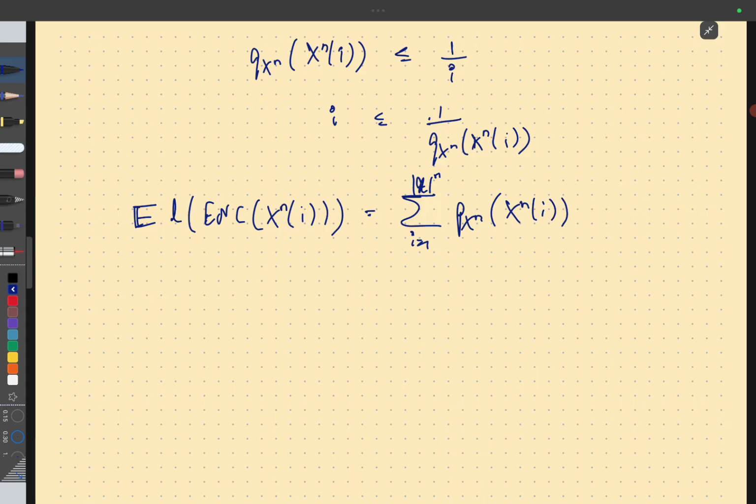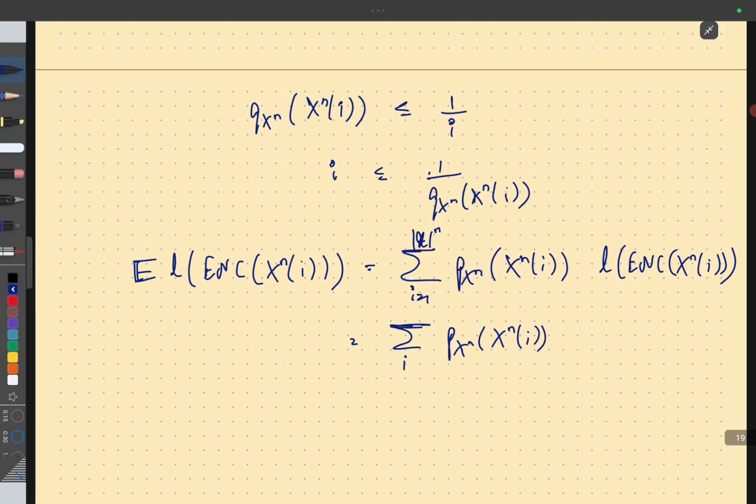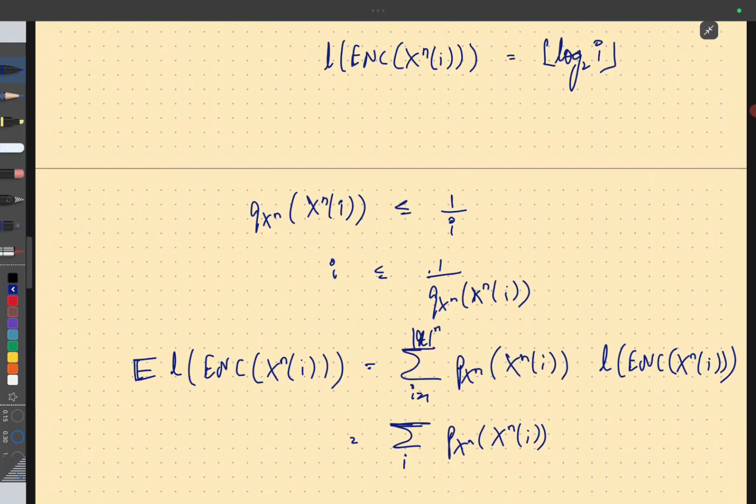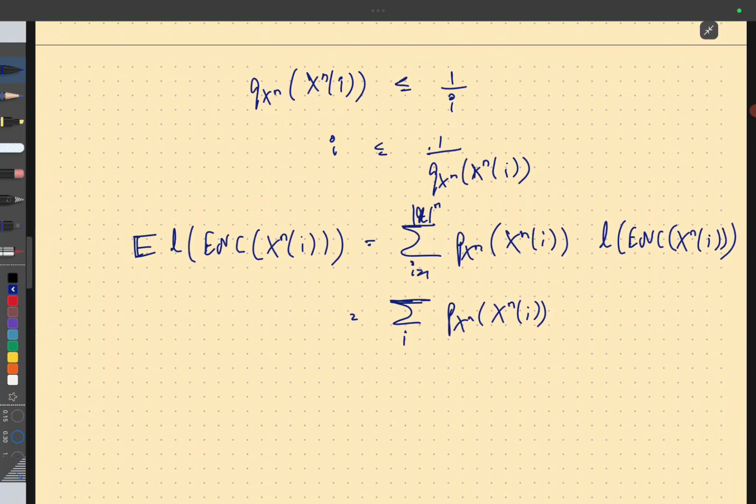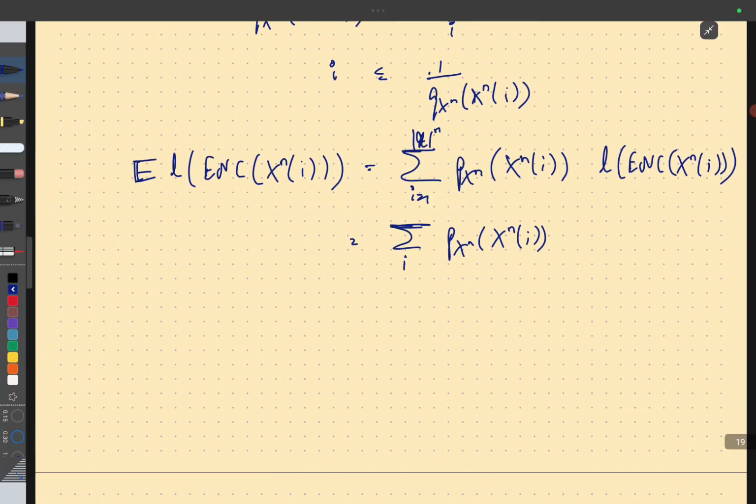So the probability that you observe the ith sequence according to distribution P(x^n) times the length of the encoding of the ith sequence, which is the sum over all i of P(x^n(i)) times the length. But the length is equal to floor of log i, and log i is upper bounded by log 1 over Q(x^n(i)).